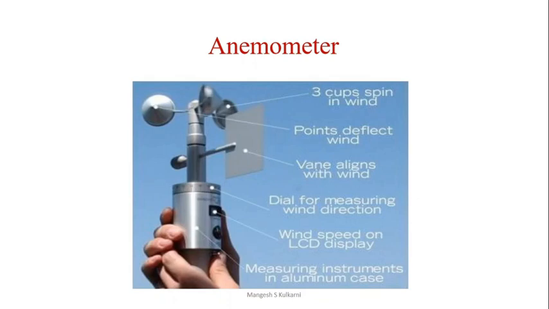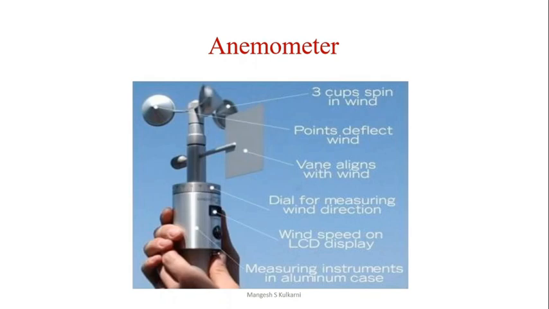It is important to know how much wind there is. If the wind is too strong, the wind turbine can break. This is why the wind turbine is brought to a stop when the wind speed exceeds 25 meters per second. When the wind speed drops, the anemometer tells the controller to start the turbine once again.